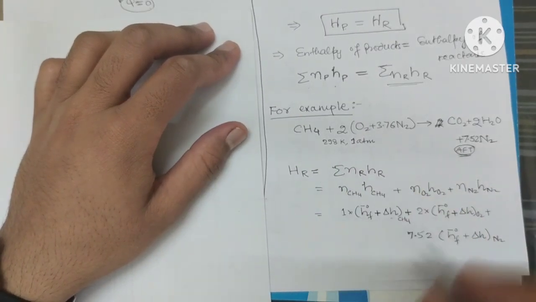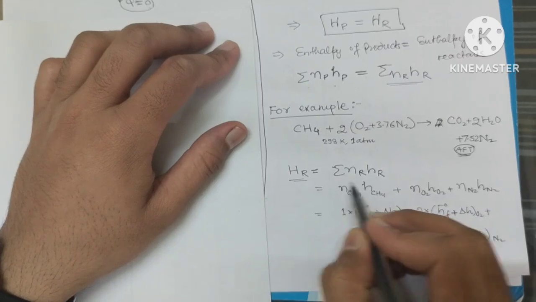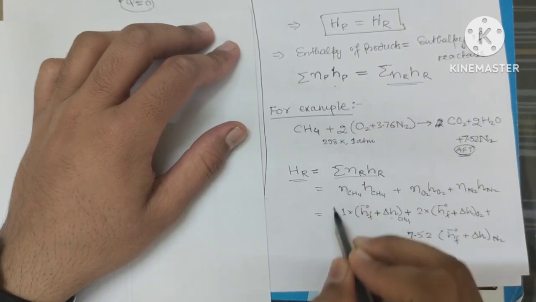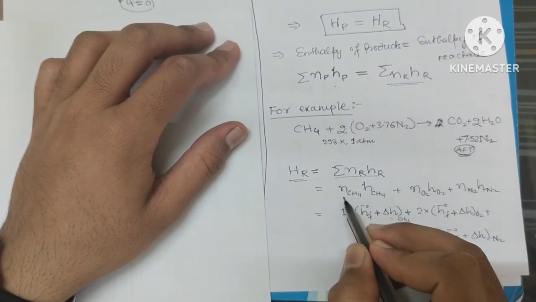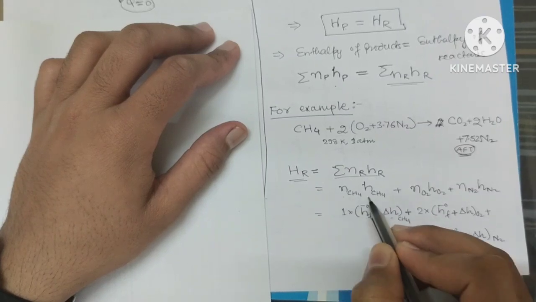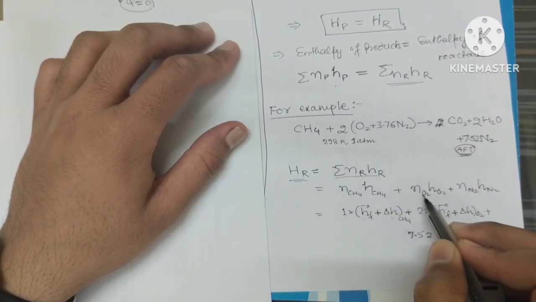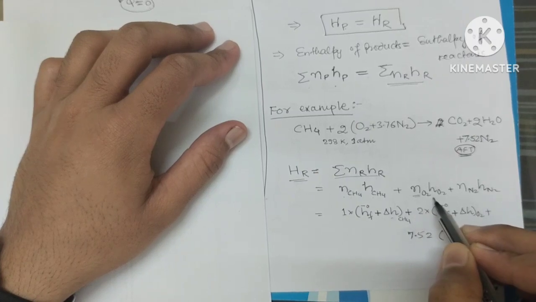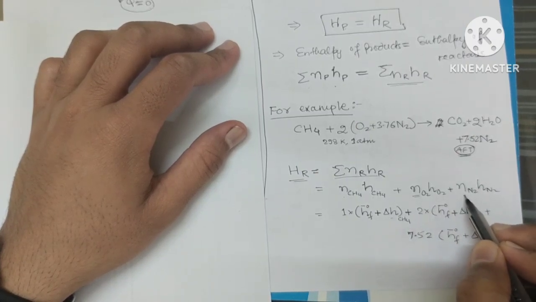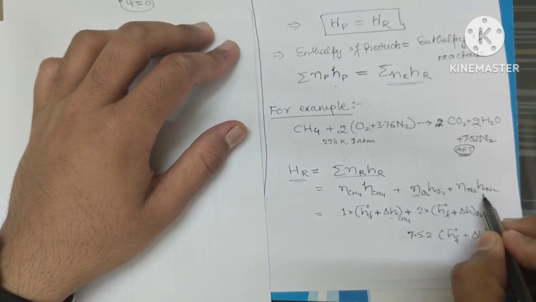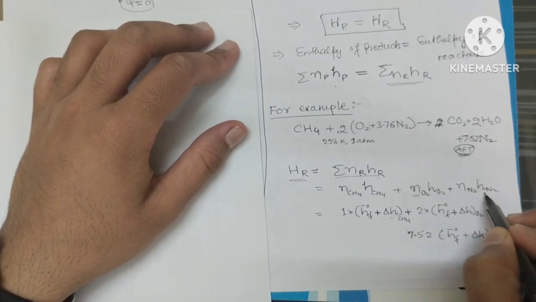So we can write the total enthalpy of reactant as the summation of all the reactants, like the mole of methane times the enthalpy of methane. Similarly, moles of oxygen times enthalpy of oxygen, moles of nitrogen times enthalpy of nitrogen.